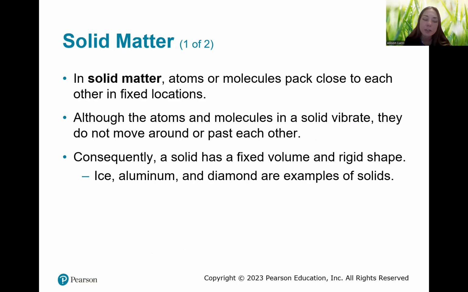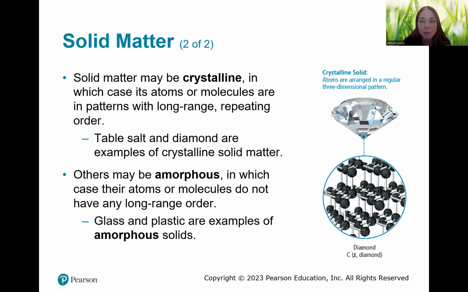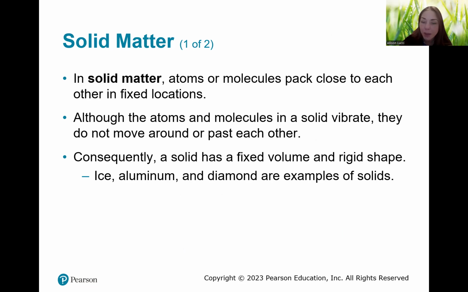They have some kind of motion involved with their bonds, but they're not moving past one another. And that's what we would see with our liquid phase, when we get there, that molecules can move past one another. But in a solid we have both a fixed volume and a rigid shape.